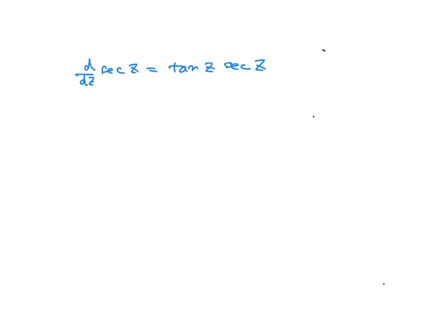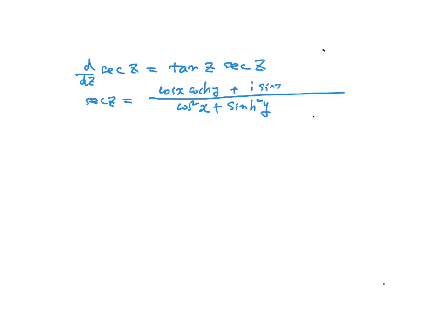According to the previous class, we have secant z written as cosine x cosine hyperbolic y minus i sine x sine hyperbolic y, over cosine squared x plus sine hyperbolic squared y, right?